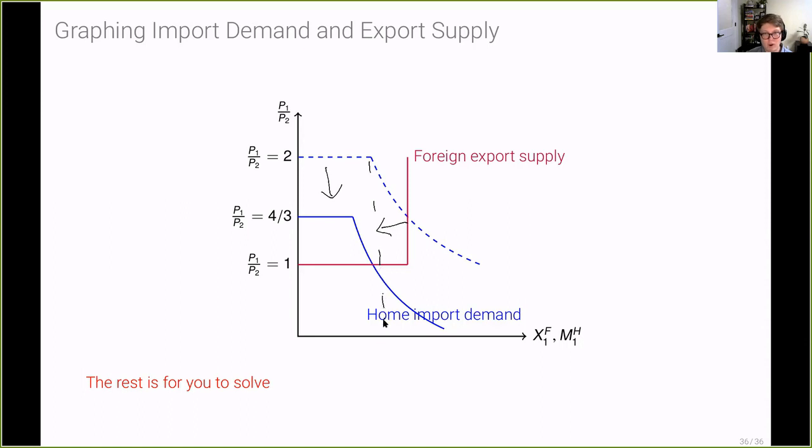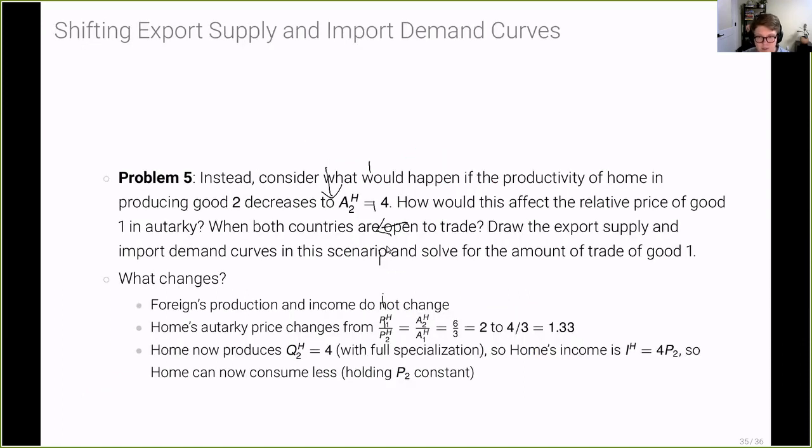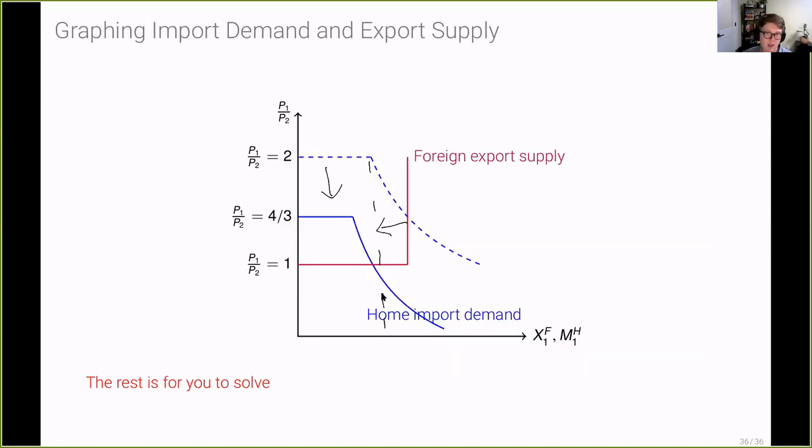For any level of the price, home is going to want to import less, because we've decreased its income.